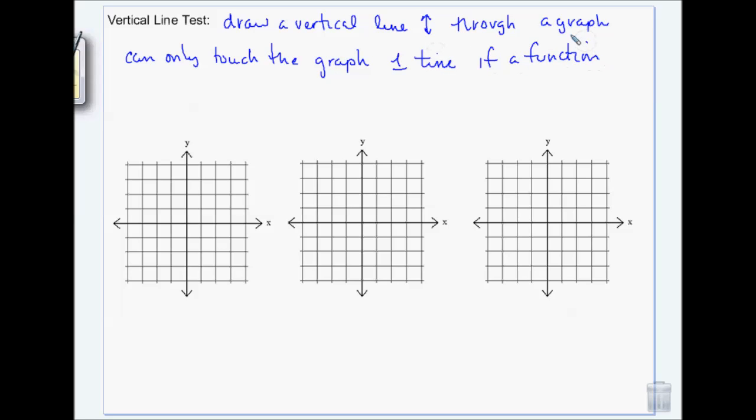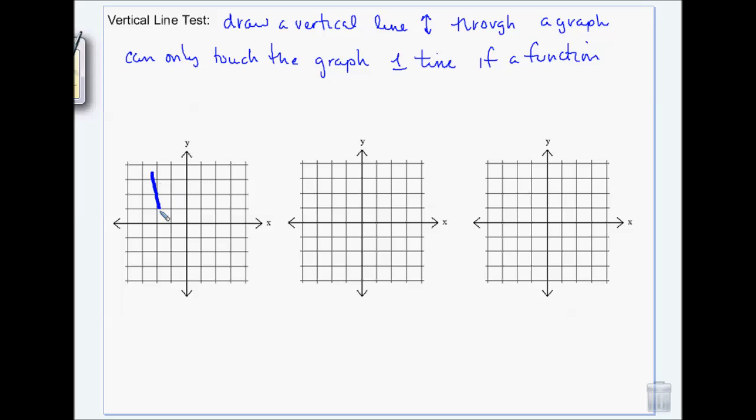Okay, so here's what happens. We have pictures, functions, and if we want to tell quickly if it is a function or not, we're going to draw a vertical line through the graph and then determine if that's a function or not.